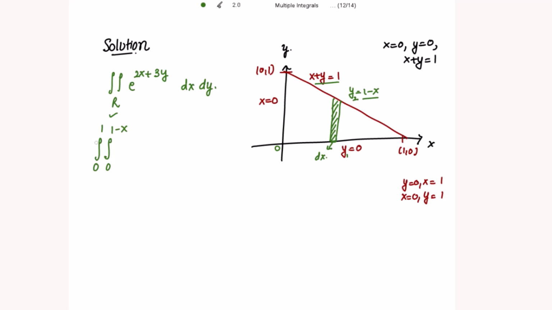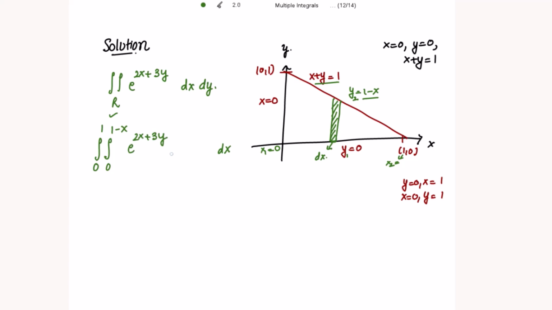So we have to write dx outside because x1, x2 are constants here. This is your x1 and this is your x2.